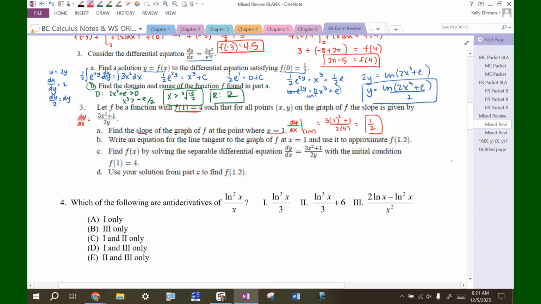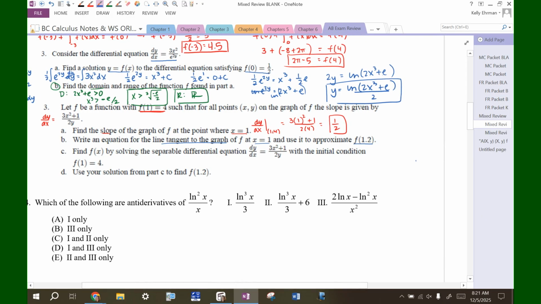All right. For the next part, it says write an equation for the line tangent to the graph of f at x equals 1 and use it to approximate f of 1.2. Okay, so if I do that, I first want to get my point slope equation. So I have the point and I have the slope.